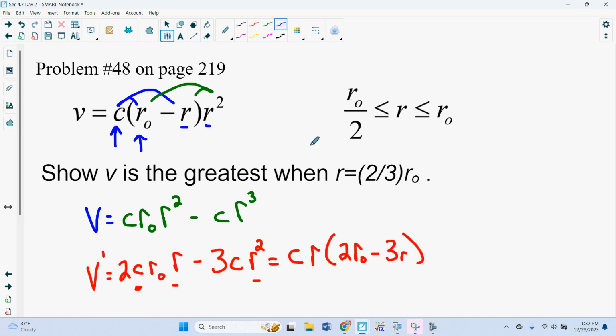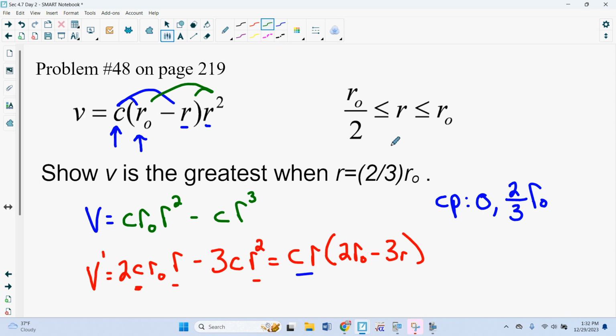So now, if we find our critical points, there's really 2 critical points. This first part would give us 0. And this second part, if we set that equal to 0, would give us 2/3 R sub 0. So these are our 2 critical points.